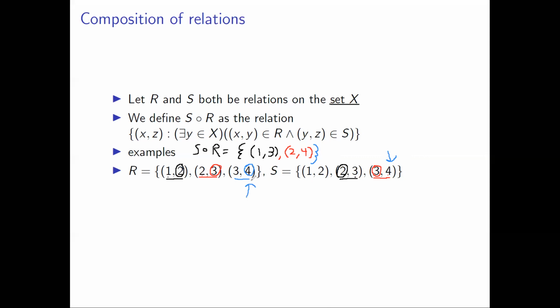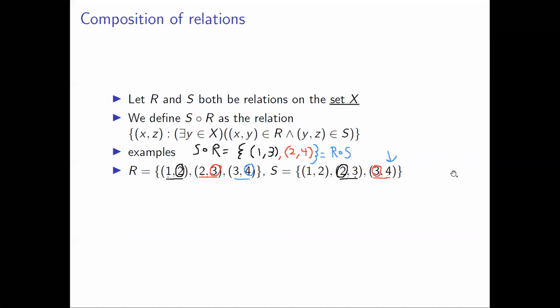When we're doing the composition, we take the second terms of this relation with the first terms of this relation. So that's our composition, S composed with R. And since S and R are the same here, that's also the composition, R composed with S.